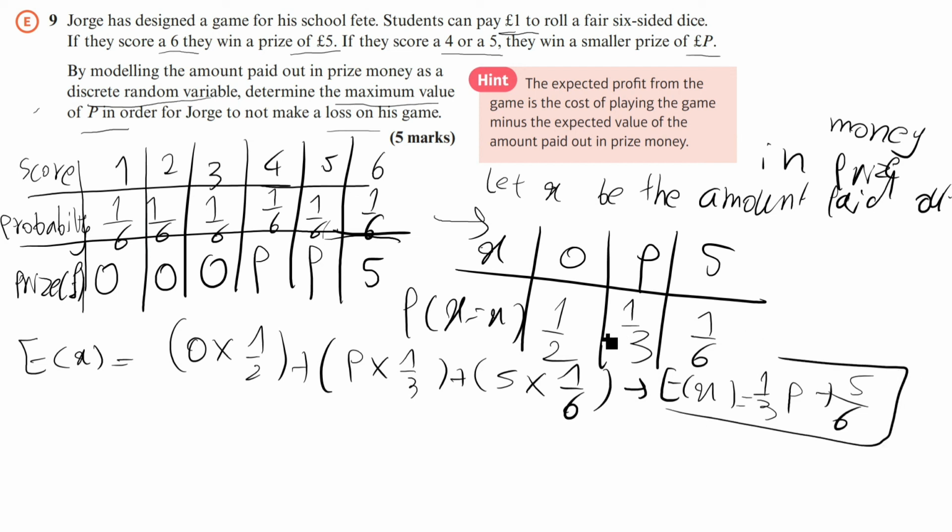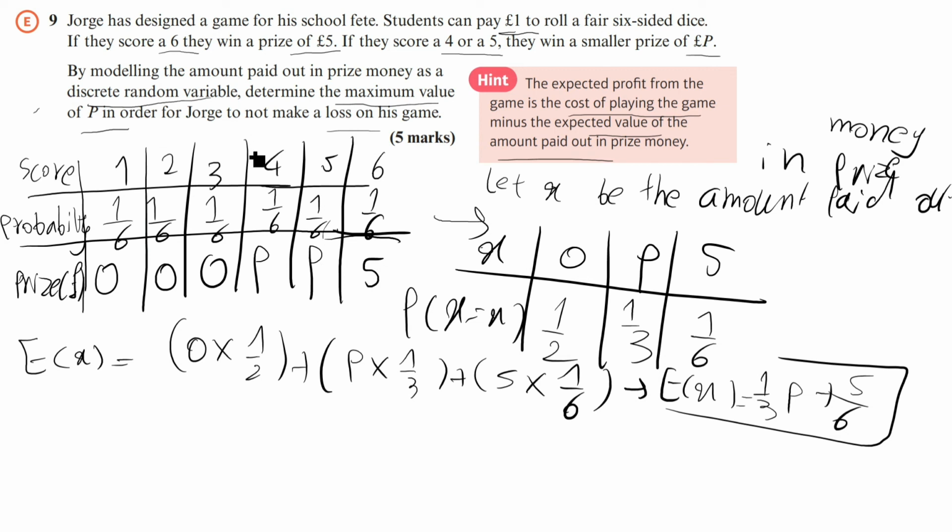Here's the thing that you need to extract from the question. If you notice the hint, it says that the expected profit from the game is the cost of playing the game minus the expected value of the amount paid out in prize money. So the question is asking for the maximum value of p in order for George to not make a loss on this game.